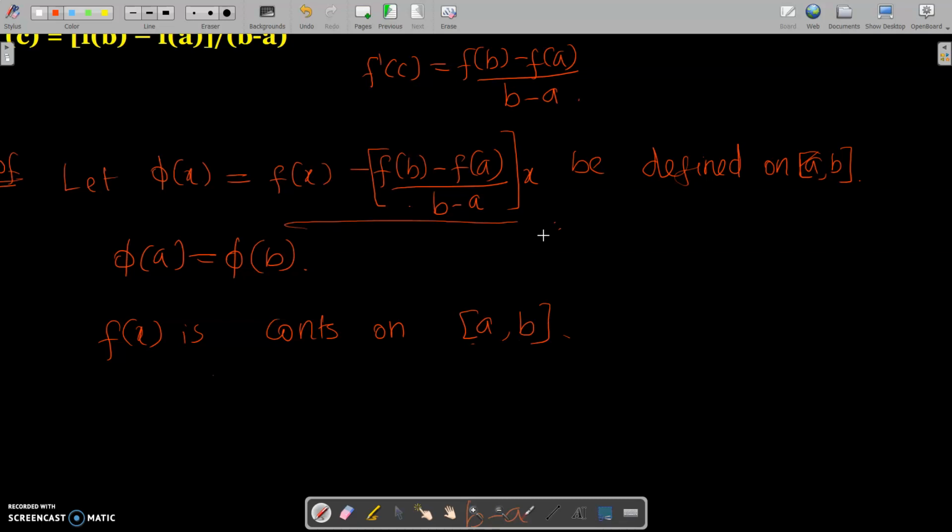From this definition, f of x is continuous; here only an x term is added, and x being a polynomial function is always continuous. Therefore, phi of x is continuous on the closed interval [a, b].